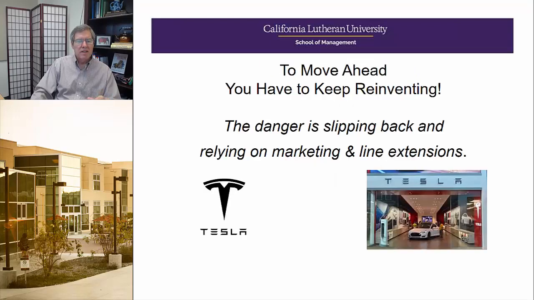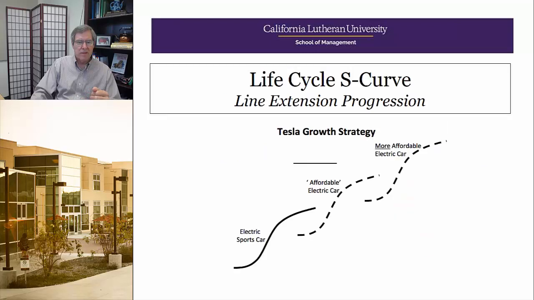So to move ahead, you have to keep reinventing. The danger is slipping back and relying on marketing and line extensions only. So the life cycle S-curve line extension progression, as shown by this model, if you look at Tesla, you can see it started out with a unique electric sports car.